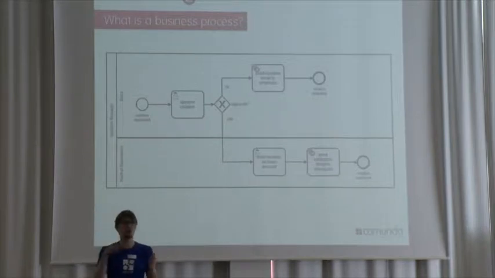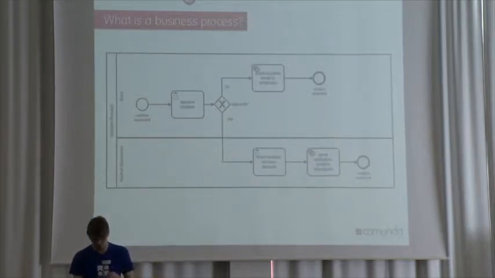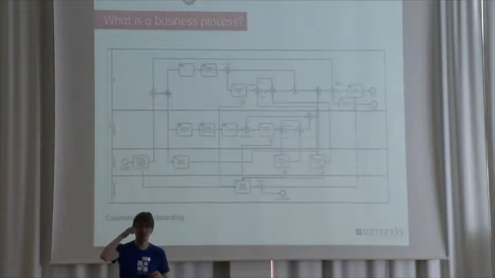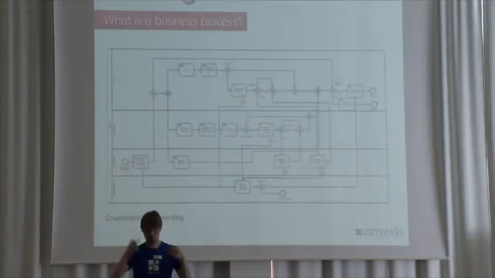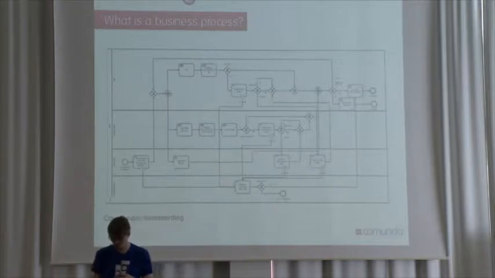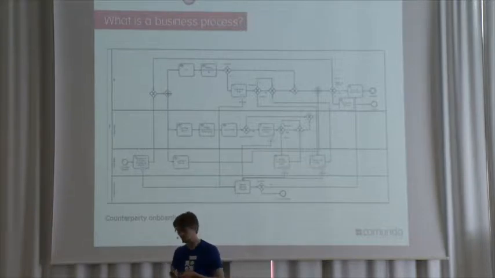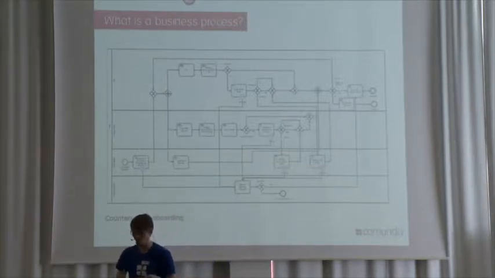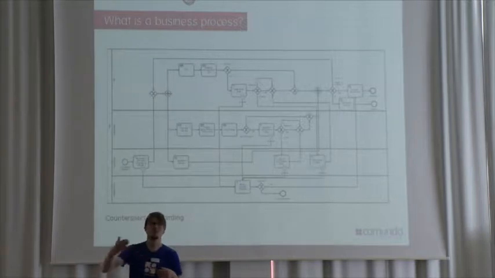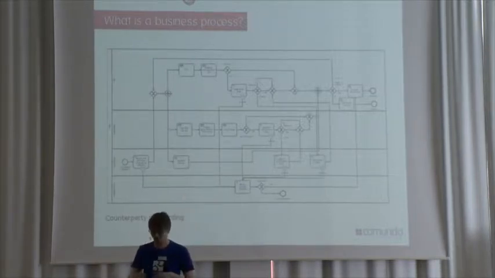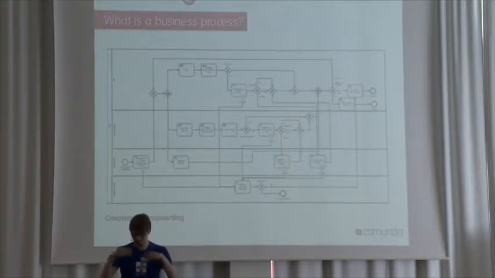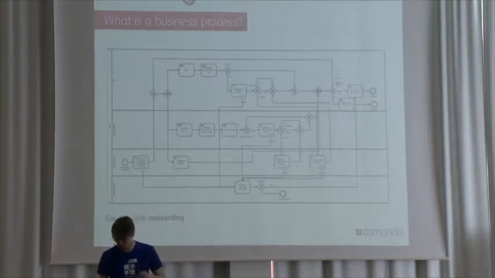But this is actually not what we meet out there in companies. If you look at what processes are doing, you see much more complex things. I took two examples from a recent project. That's counterparty onboarding, a big customer in Australia: if you want to do business with them as a supplier, you go through that process. Maybe not the nicest layout, but whatever.